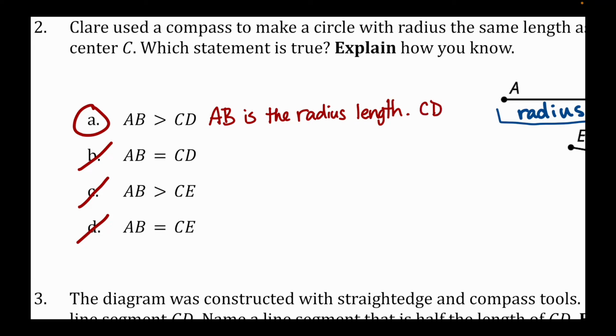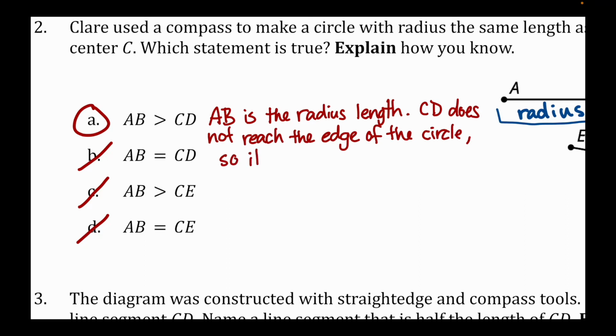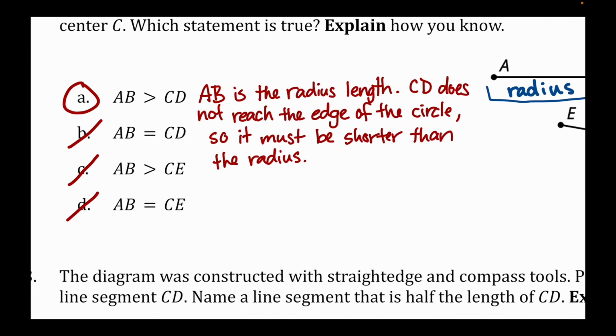CD does not reach the edge of the circle, so it must be shorter than the radius. Okay.